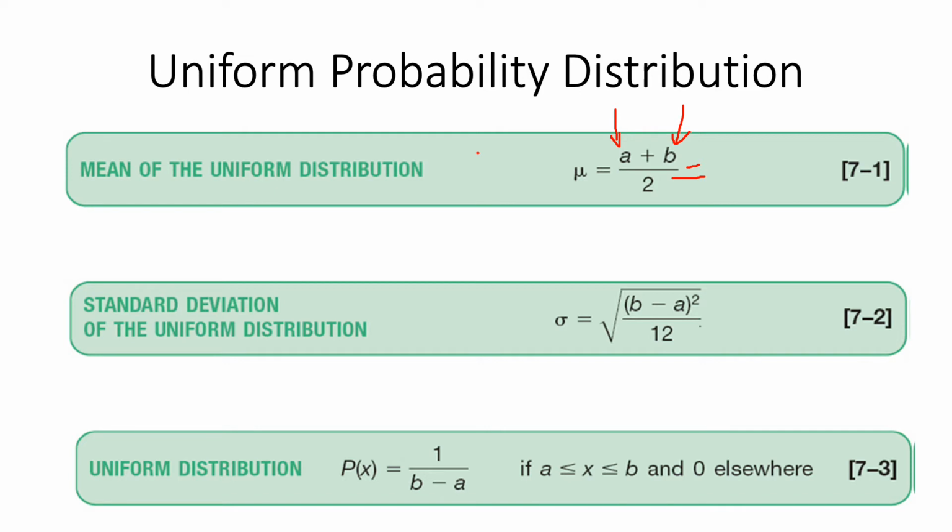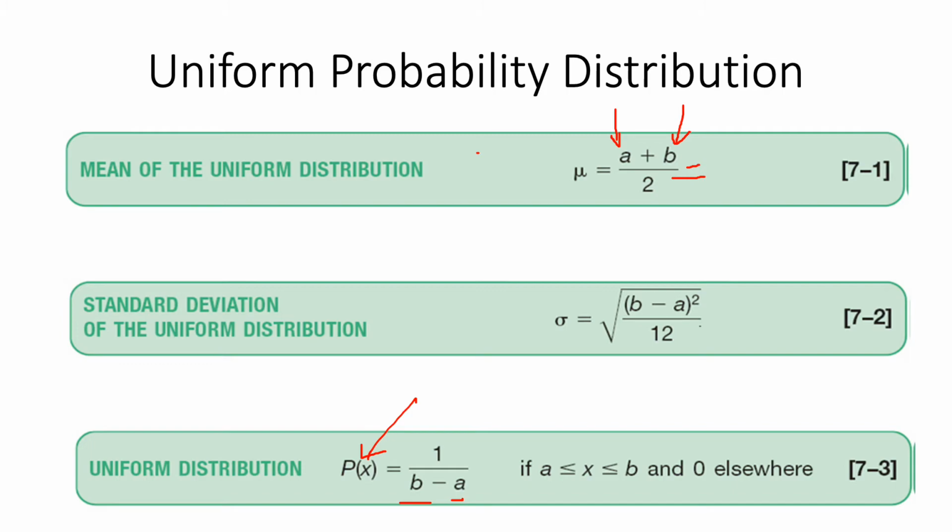The standard deviation is sigma, which is equal to the square root of (b − a)² divided by 12. The uniform distribution itself, we can state as the probability of a value x being 1 divided by (b − a). So it's like saying 1 divided by the maximum minus the minimum, or the range of the distribution.